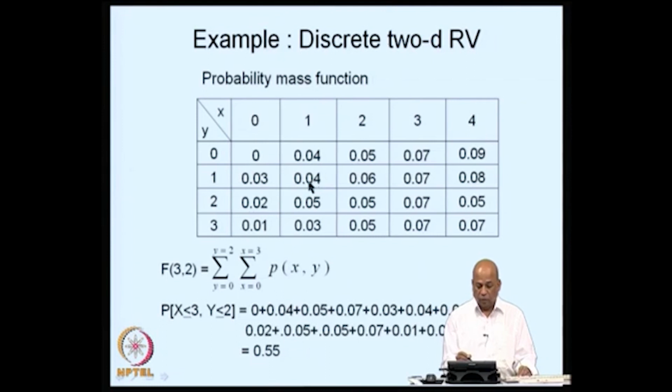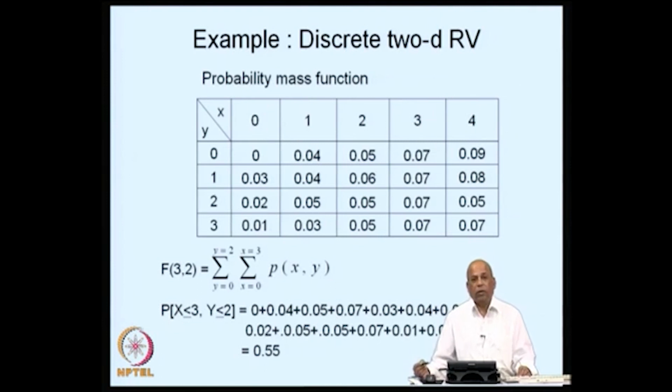For example, 0.04 indicates the probability that x is equal to 1 and y is equal to 1. Similarly, the probability that x is equal to 2 and y is equal to 2 is 0.05. So, in general these numbers indicate the probability that x is equal to x_i and y is equal to y_j. So, this is the joint probability mass function of the two dimensional random variable (x, y) when both x and y are discrete.